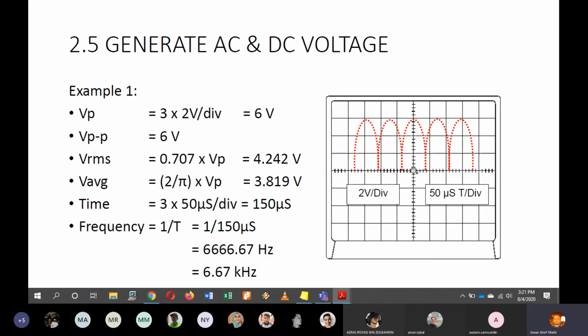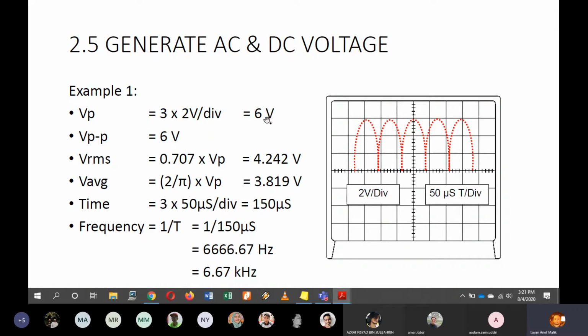So let's say starting from 0 up until this point here, it is 1, 2, 3. Okay, so 3 divisions. And we already know each division is equivalent to 2 volts. So from this point up until the V peak, it is 3 divisions times 2 volts. That is why you obtain the V peak as 6 volt.